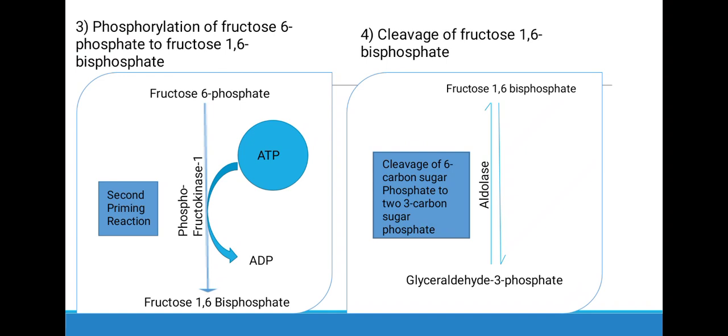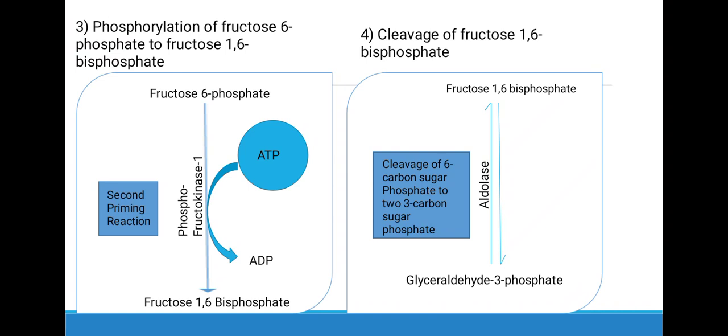By using ATP again, another phosphorylation takes place and it gives rise to fructose 1,6-bisphosphate. Here, the enzyme phosphofructokinase-1 is the most important key enzyme in the glycolysis process.